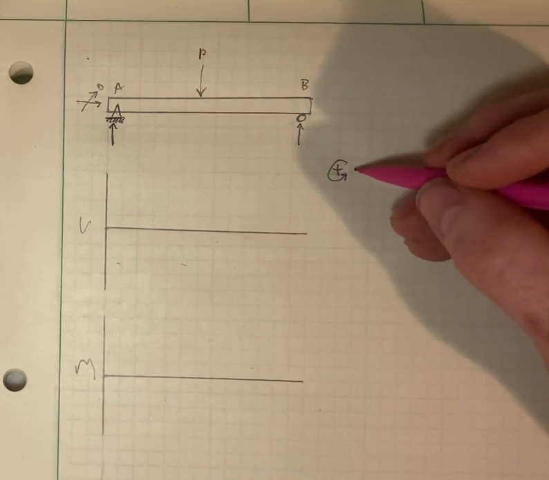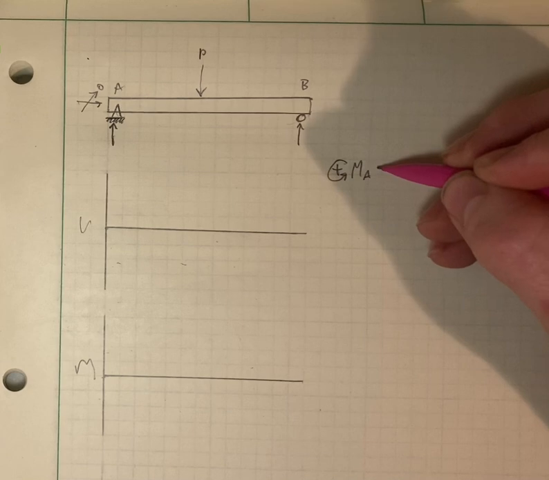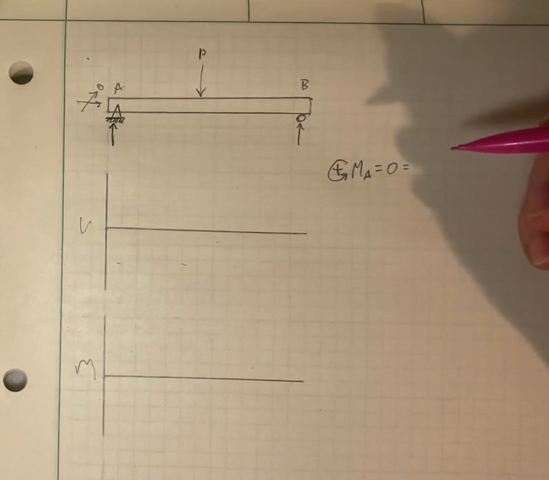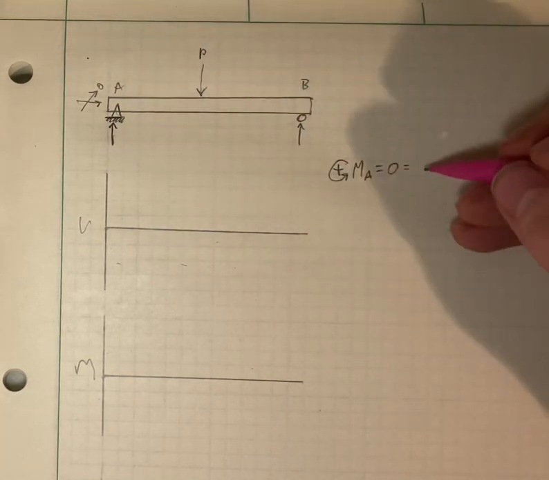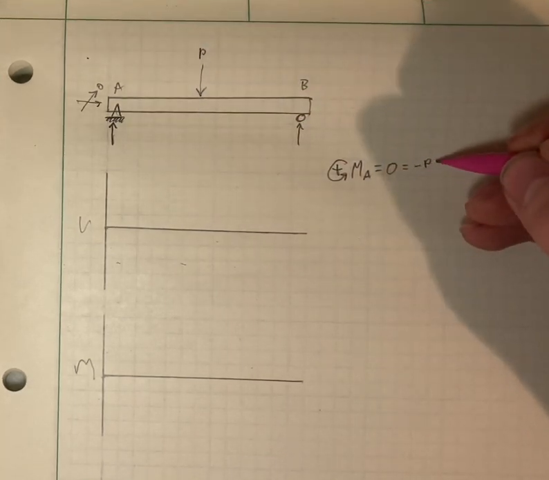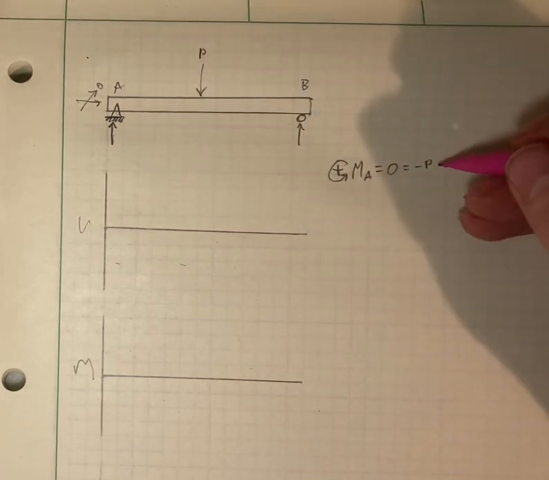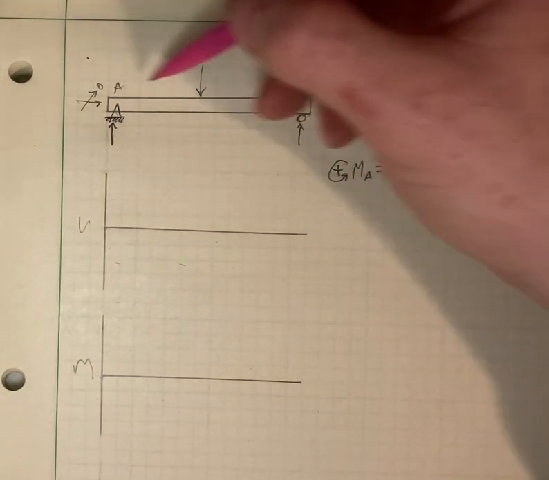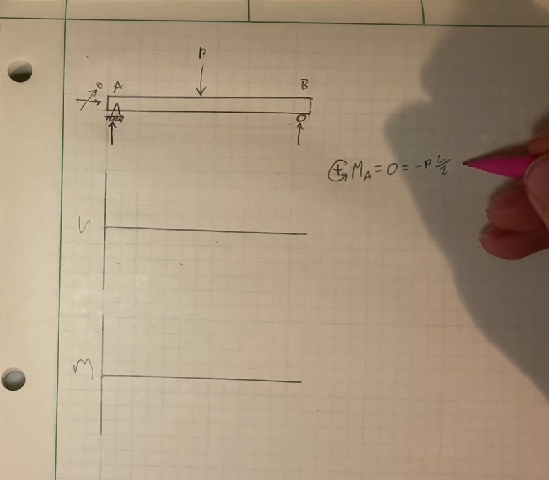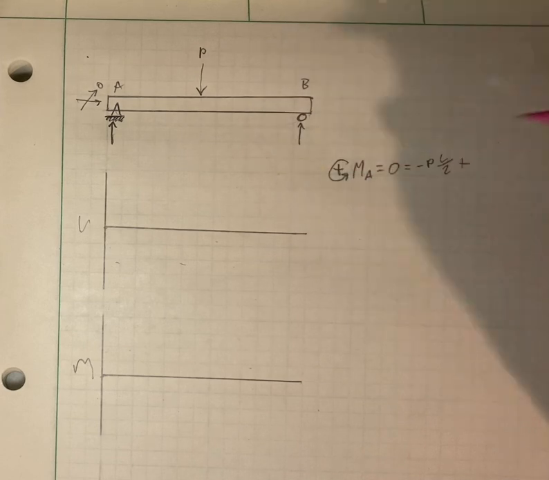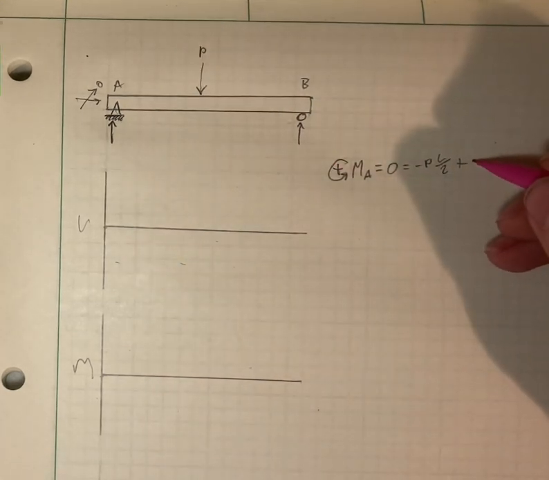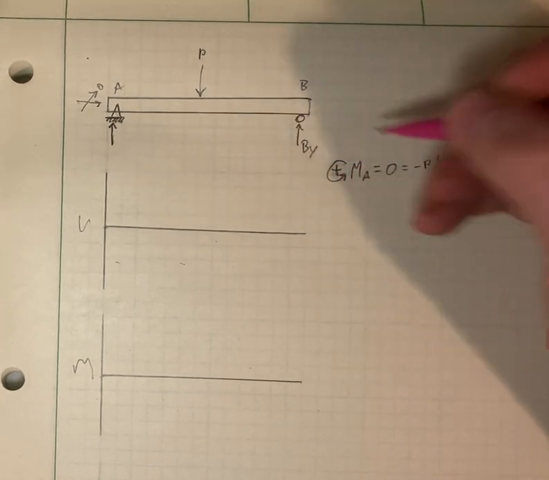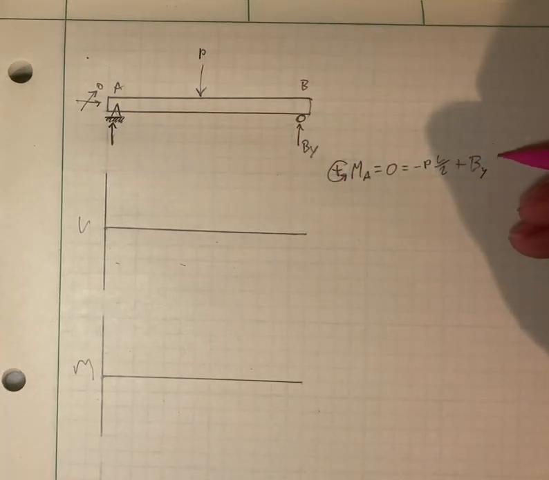Okay, so sum the moment at A equals 0 equals, let's see, negative P times L over 2, because it's halfway. And then plus, because that's going with that sign convention, to be turning it that way, plus By times L.